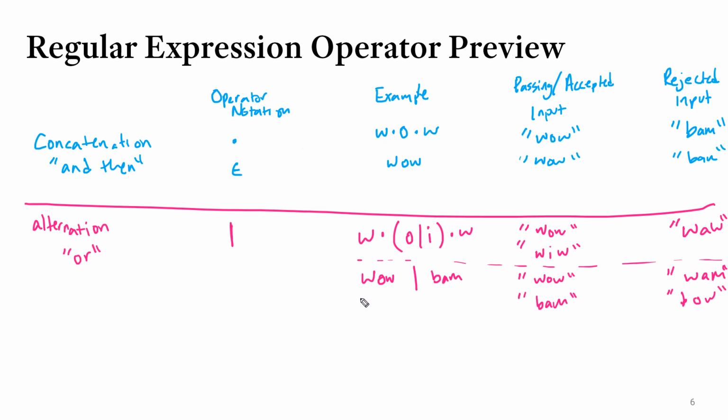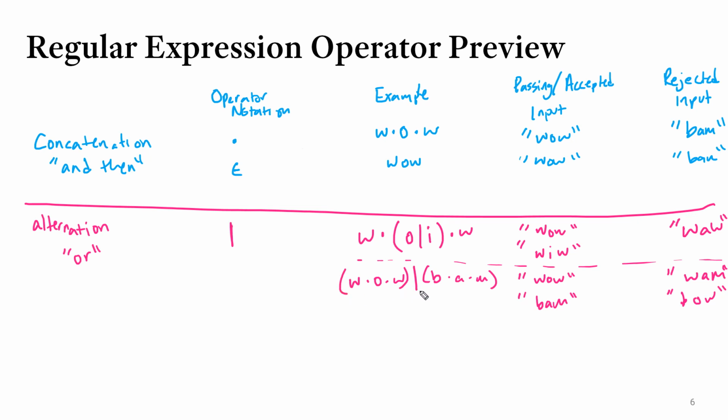So this is saying W followed by O followed by W, or, so this is a unit here, and we could have put parentheses around these two words, or B followed by A followed by M. And in these cases, I'm using the implicit concatenation operator. If I wanted to be more formal, we could have said W concatenated with O concatenated with W, B concatenated with A concatenated with M, and we could have put parentheses around these to be even more explicit, right?